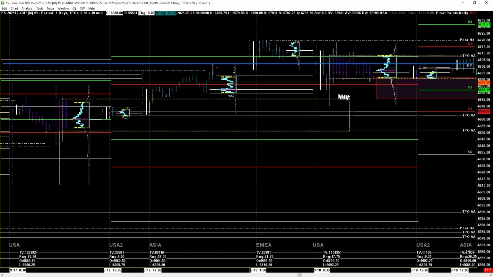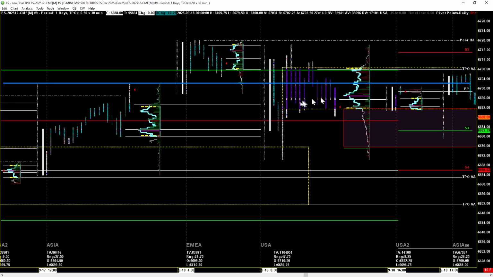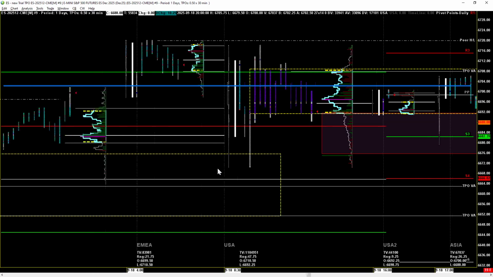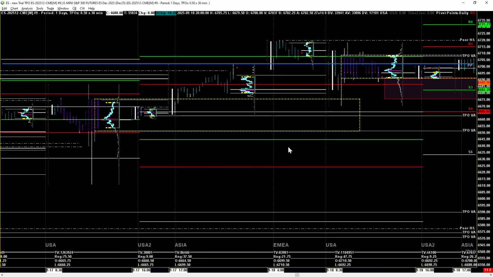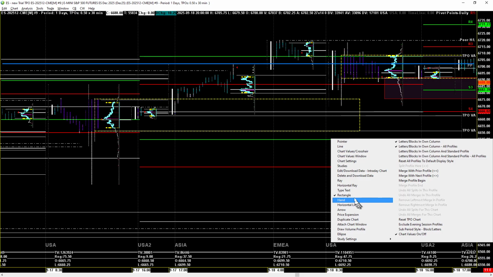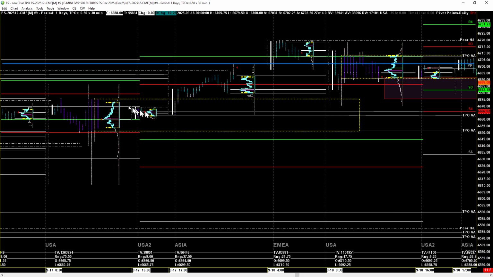Now we're opening up out. We did have one back test, early A period. I want you to see if you can see it. So that's the top of value right there from prior day. Okay, value high. We open up above, we come back, we hold, we reject it.